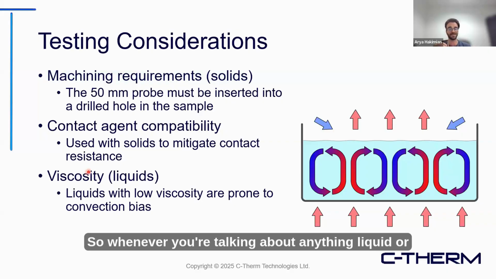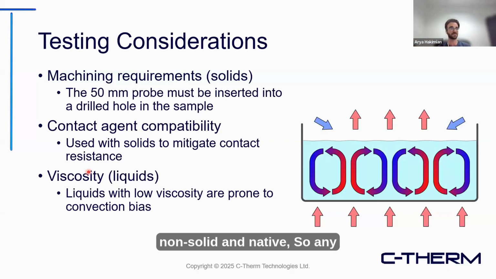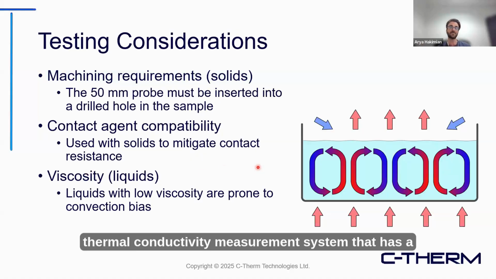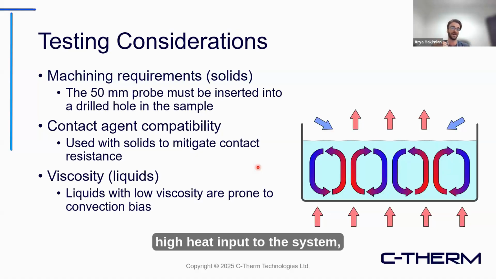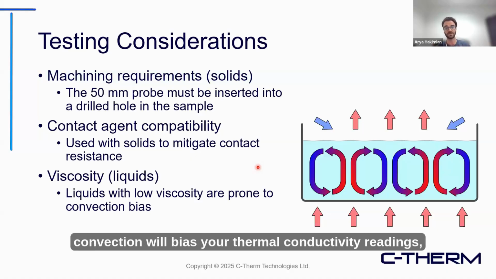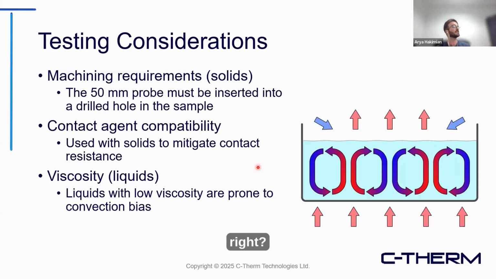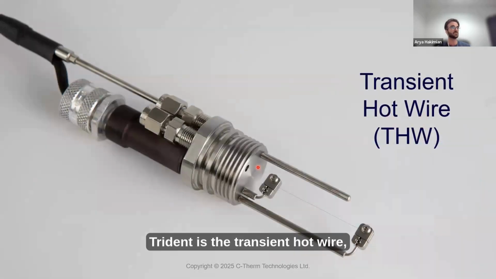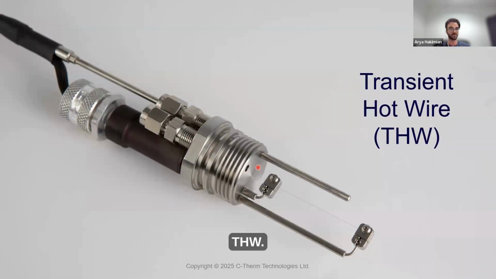Whenever you're talking about anything liquid or non-solid in nature, any thermal conductivity measurement system that has a prolonged high heat input to the system increases the risk of convection, and convection will bias your thermal conductivity readings, right?